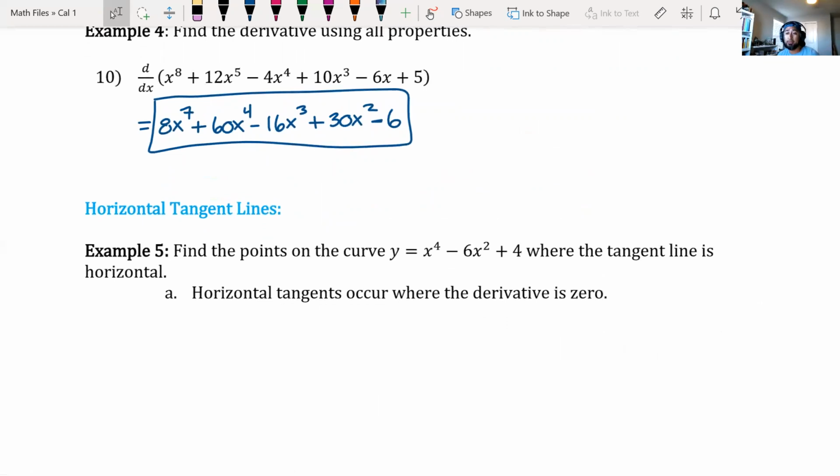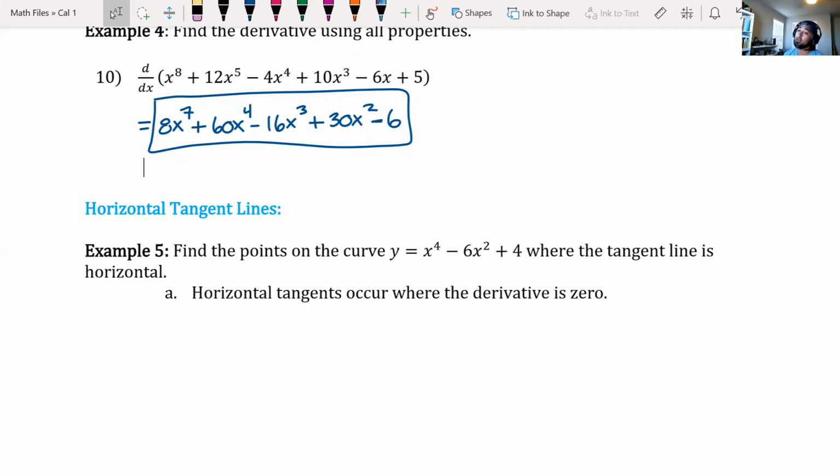Okay, example 5. Find the points on the curve y equals x to the 4th minus 6x squared plus 4, where the tangent line is horizontal. Horizontal tangents occur where the derivative is 0. If you look for any horizontal line, what is the slope of any horizontal line? 0.